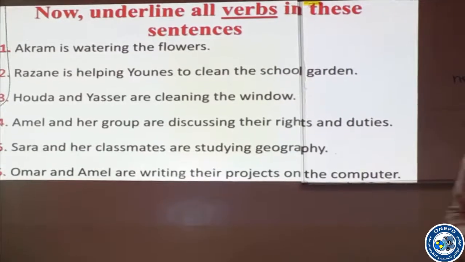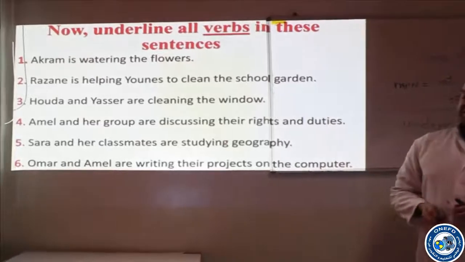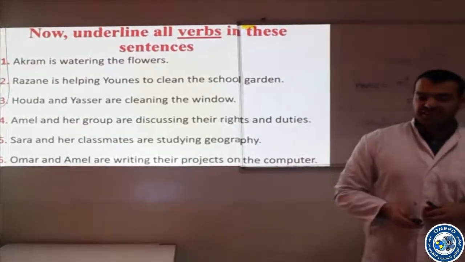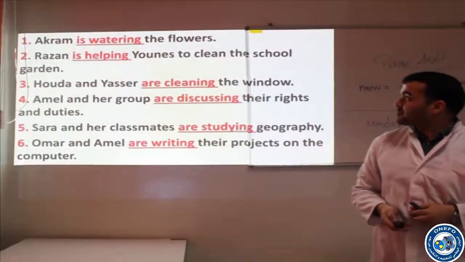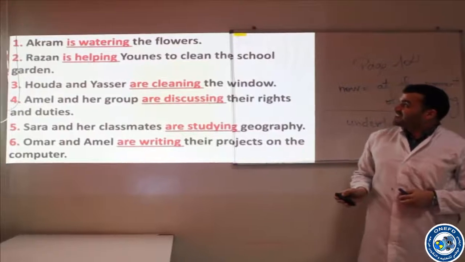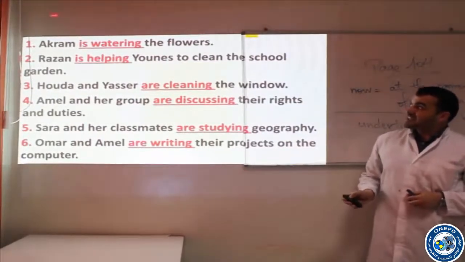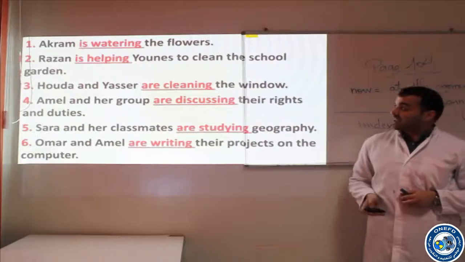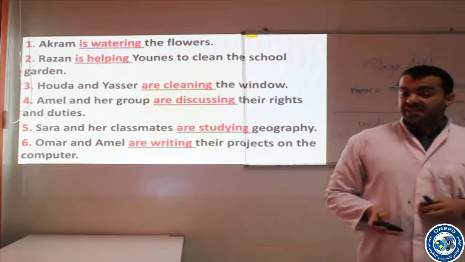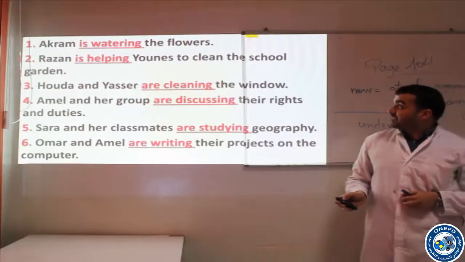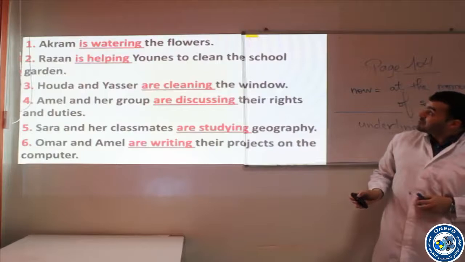Okay, so let's correct together. First sentence, Akram is watering the flowers. Here the verb is watering. The second sentence, Razan is helping Yunus to clean the school garden.